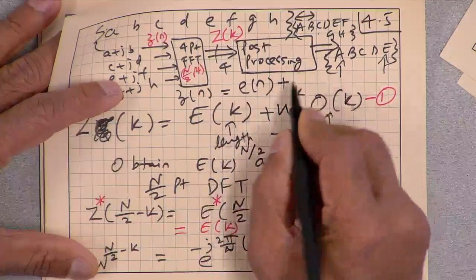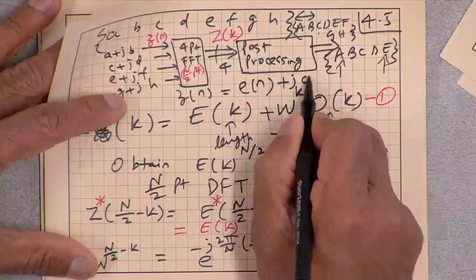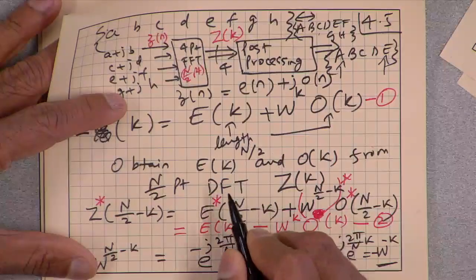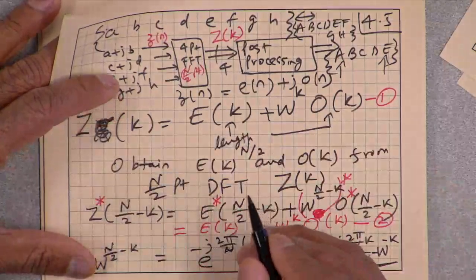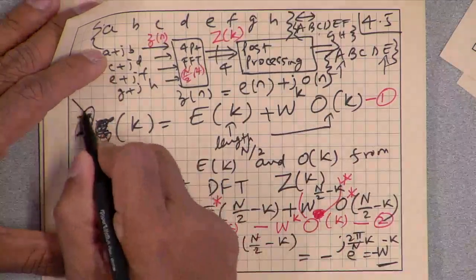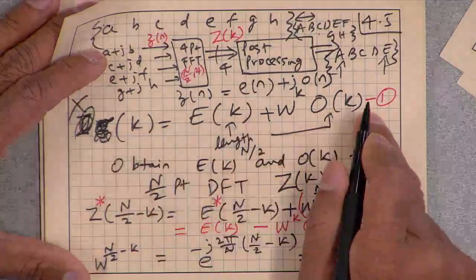So Gn is equal to En plus j times On. What I wrote down was correct in terms of x. So this is really xk, so that one is correct for xk.